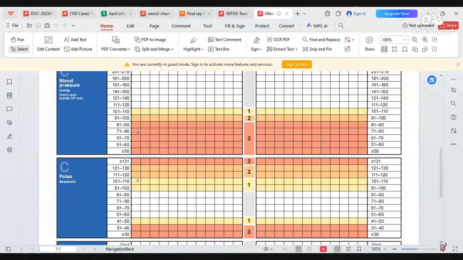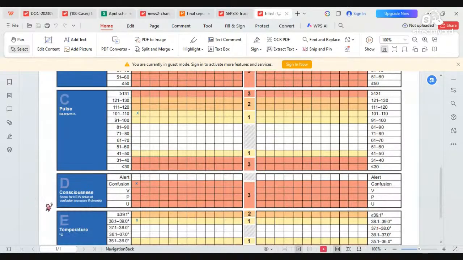If you move on to D, right? Excuse me. From the history, from examination, we found out that the patient is drowsy, and the patient had an AMT score of 5, which means that there's a moderate impairment. Now, if you look at this chart, is it that this patient is alert or not alert?